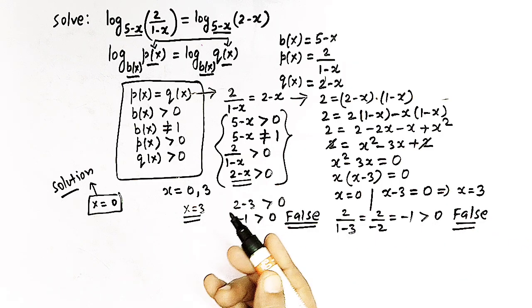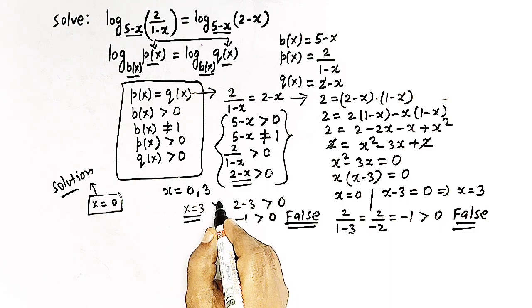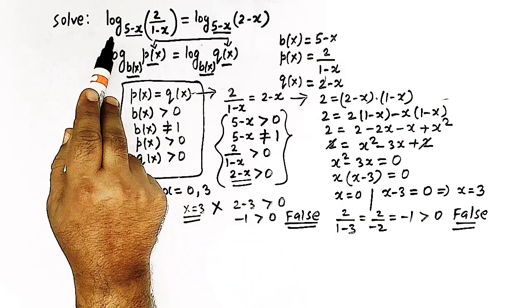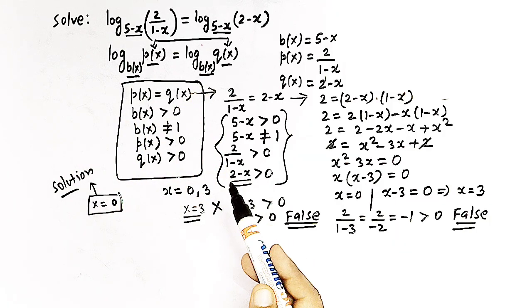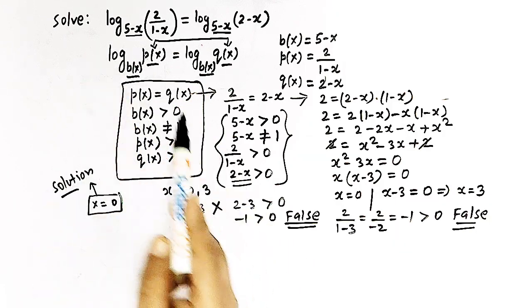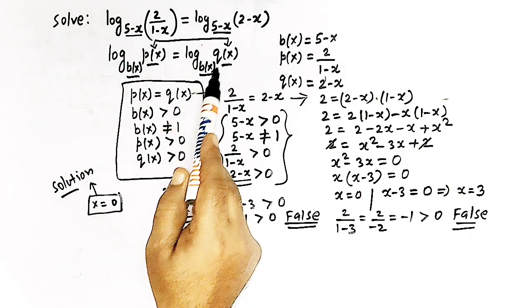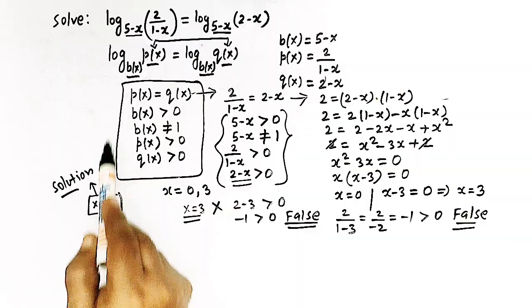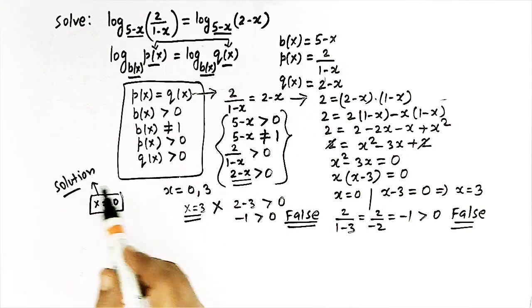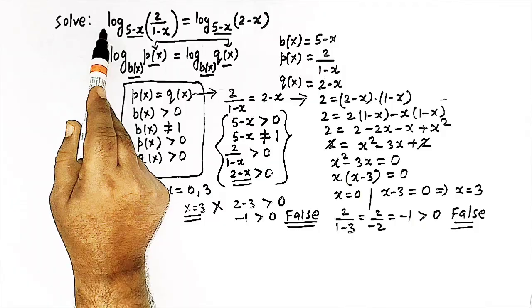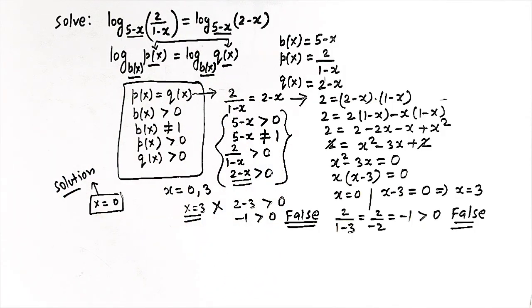So this implies that x is equal to 3 cannot be a solution of this equation, right? So this is how we can easily solve these kinds of logarithmic equations using these conditions. So x is equal to 0 is the only solution of this logarithmic equation.